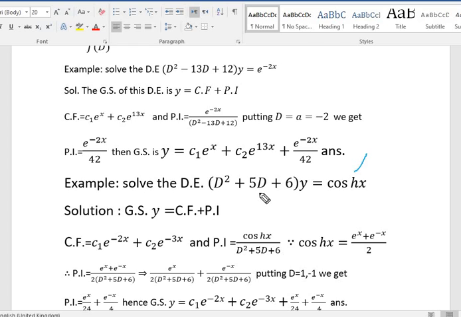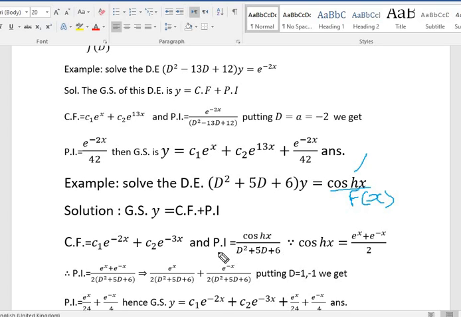The general solution is y equal to complementary function plus particular integral, because f of x is given here. Again factorize the auxiliary equation. We get m1 equal to minus 2 and m2 equal to minus 3. So the complementary function will be c1 e power minus 2x plus c2 e power minus 3x.